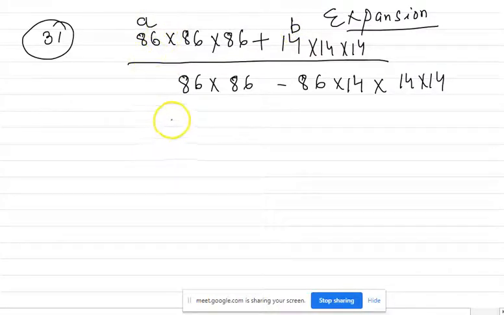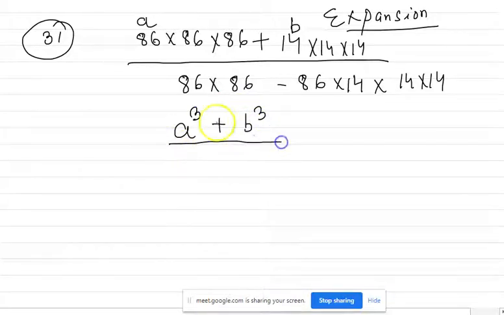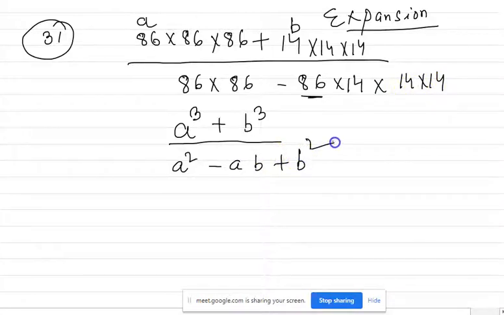are you getting this, Devpriyo? So it will be A cube plus B cube, divided by A into A, which is A square, minus AB, plus B into B, which is B square. Now this is A cube plus B cube by A square minus AB plus B square.